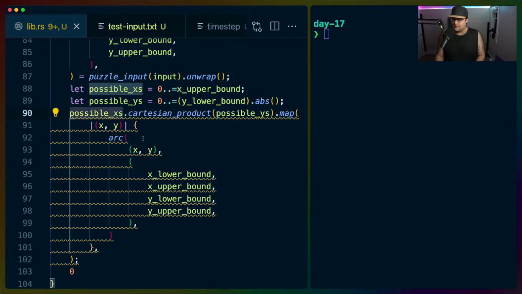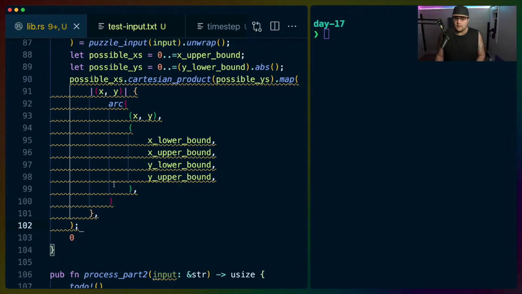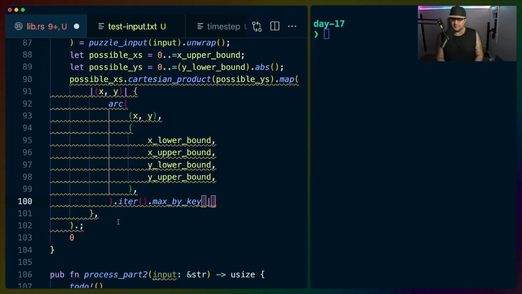Okay, we've got about an hour. Let's see, possible map. Then when we map over this, how do we find the one that we care about? We need to find... So let's arc here, right? Dot iter. Dot max by key? Is max by key the thing we want to do? Because this is going to return us tuples.